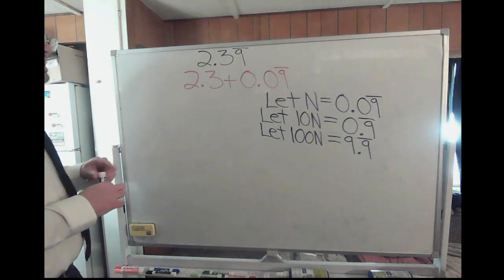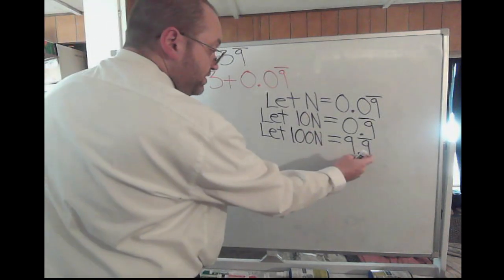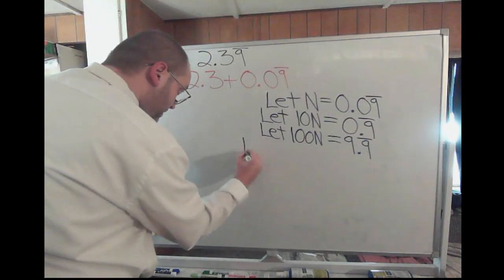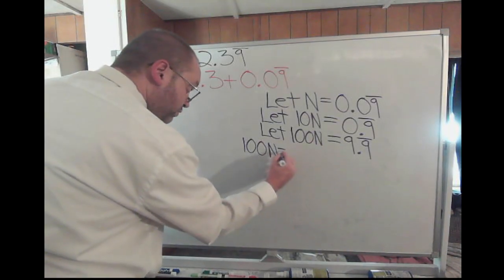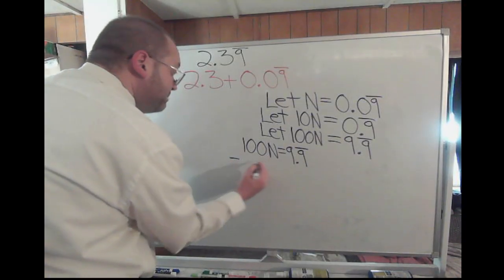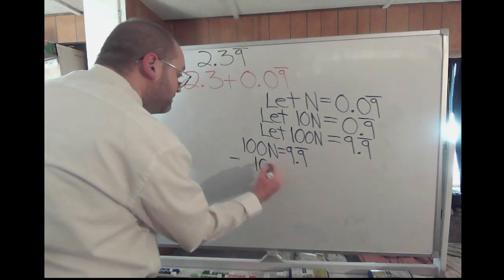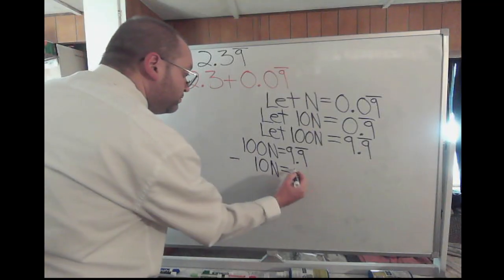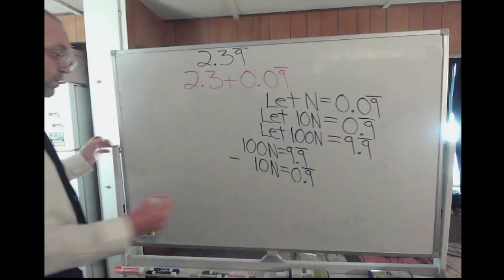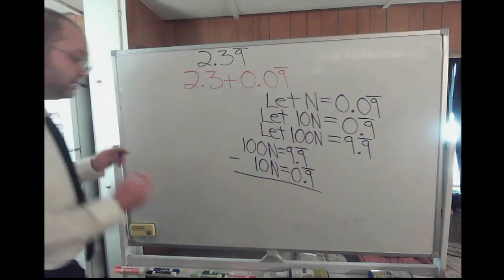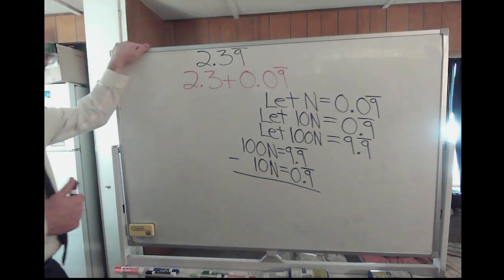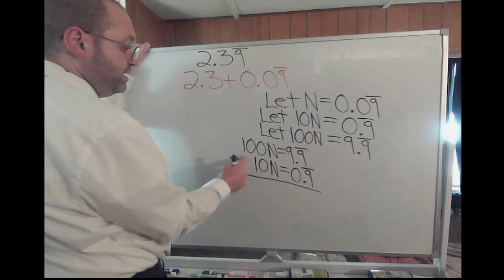Okay, so now that we've established a whole number with the decimal, and then we have the 0.9 repeating, we'll take the bigger number, that 100n, which is equal to 9.9 repeating. We'll take that minus our 10n. That's going to be equal to 0.9 repeating. Well, what we have here is 100n minus 10n.